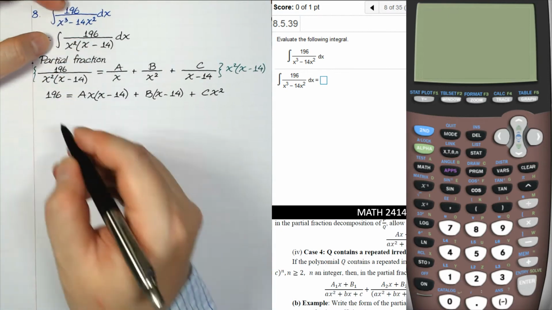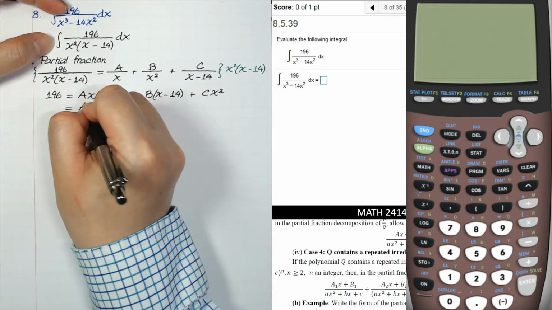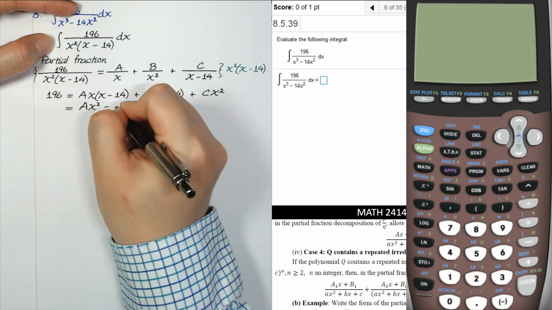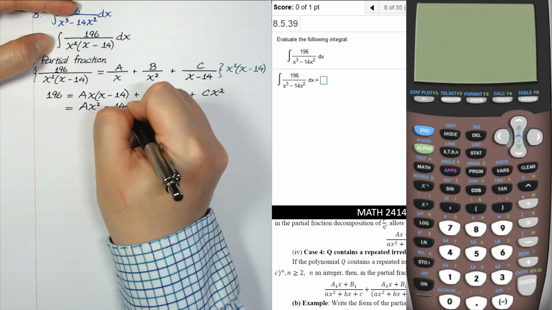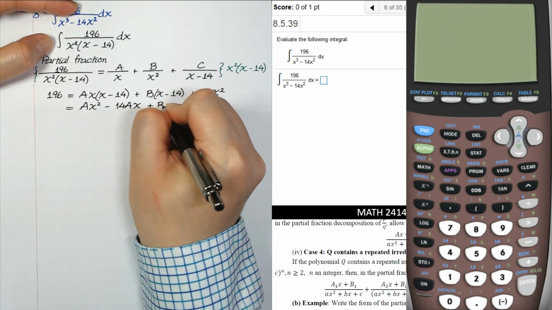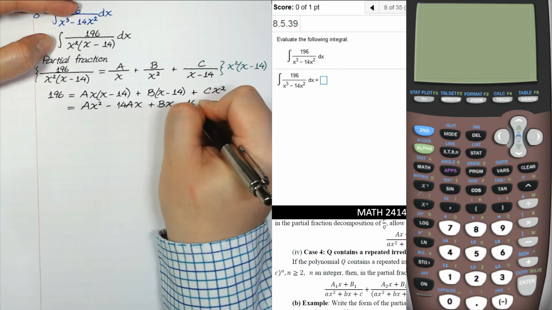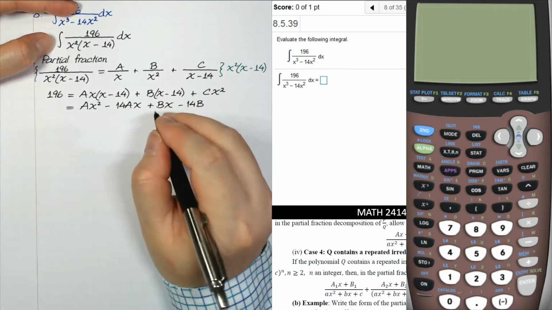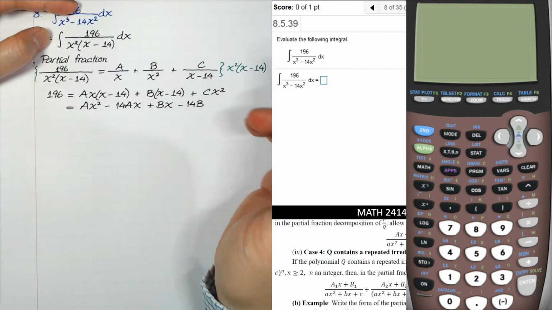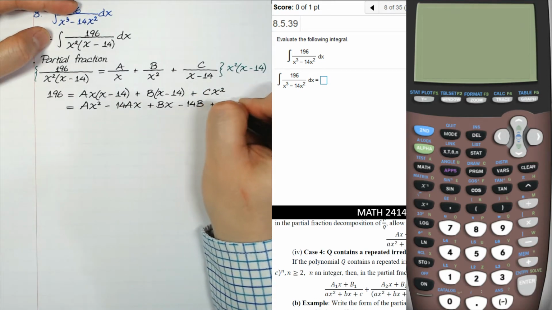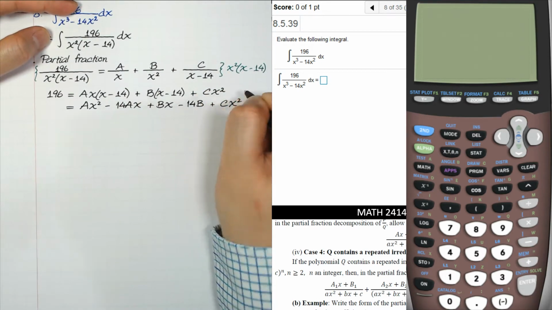Multiply them out: Ax squared minus 14ax plus bx minus 14b, plus cx squared.